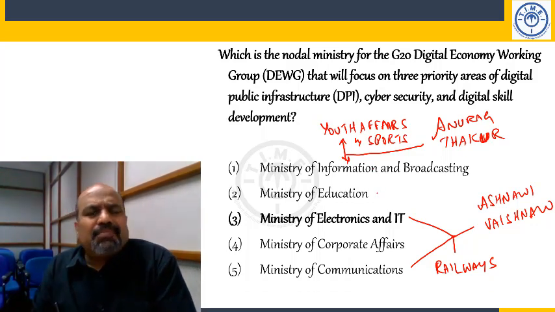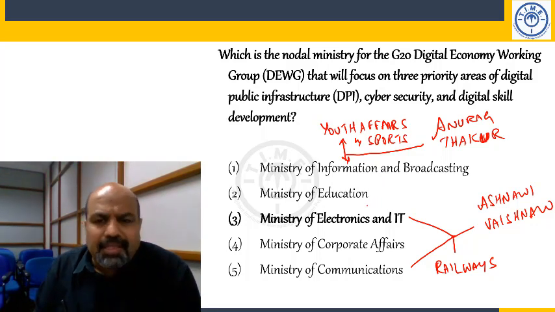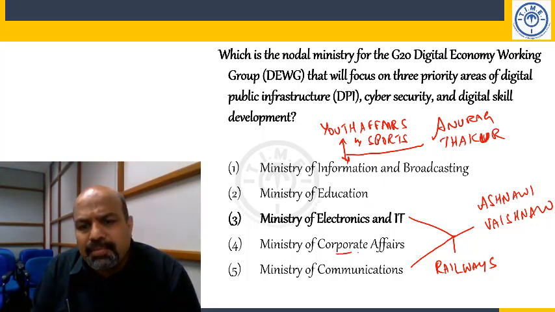Minister of Corporate Affairs and Minister of Finance is Nirmala Sitharaman.